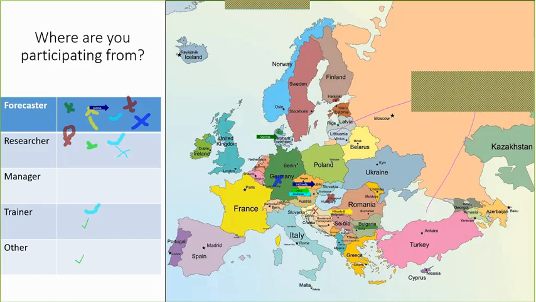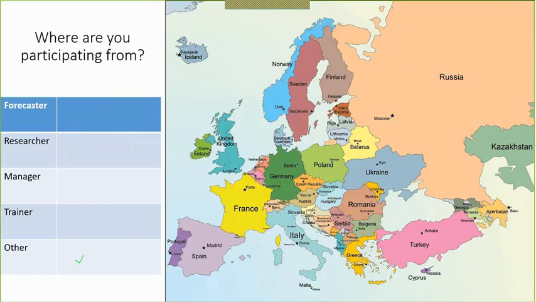And I see that most of the participants are located somewhere in the middle or eastern parts of Europe. So I think I am sitting in the most northern part of Europe at the moment.